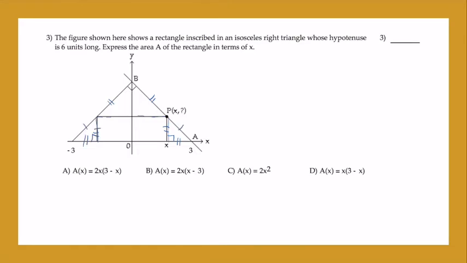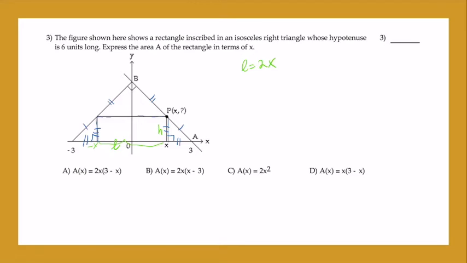That's one of our rules about isosceles triangles. So I want to take the area of a rectangle, which is going to be its length times its height. Well, I know my length, right? It's a perfect rectangle. It's centered at 0. This is negative x. So the length is going to be 2x.